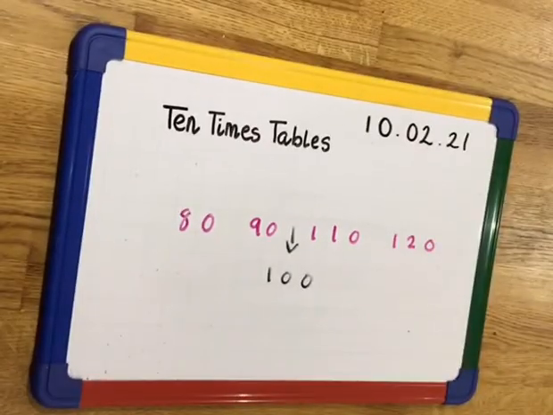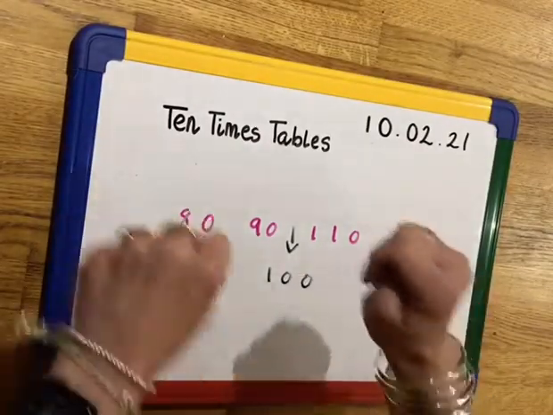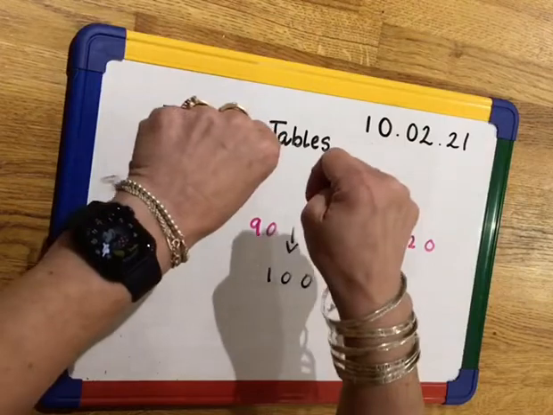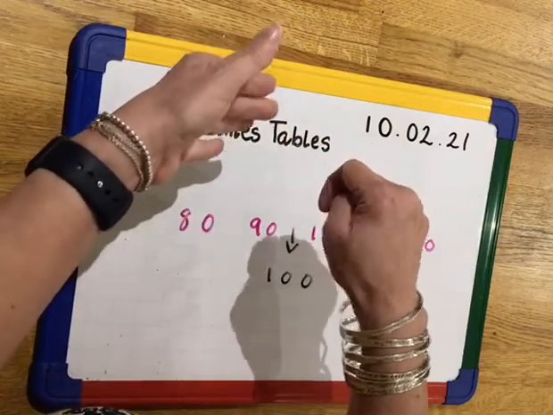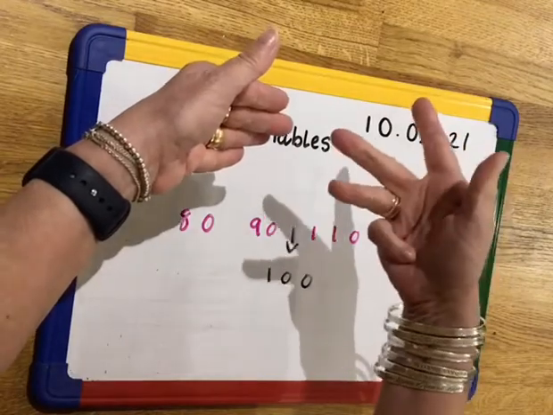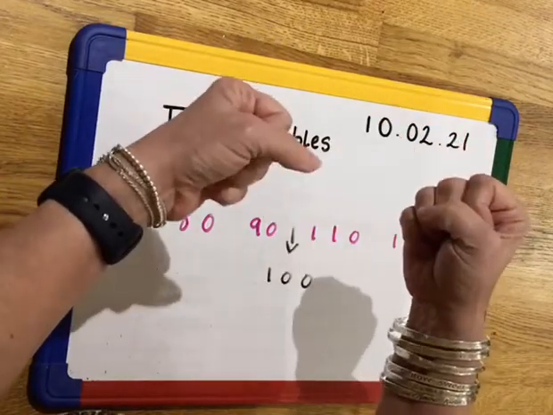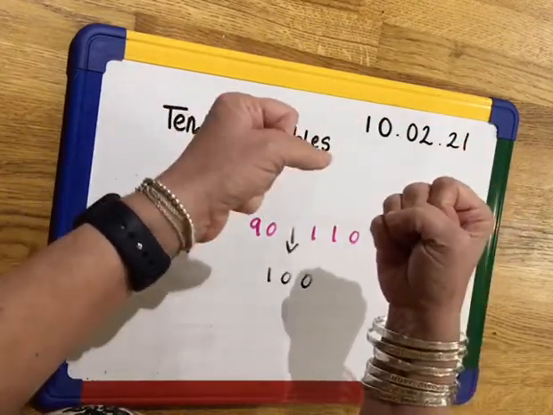Remember that counting in tens is exactly the same as our 10 times table. Just like we did yesterday, I can go 10, 20, 30, 40, 50, 60, 70, 80, 90, 100, 110, 120.